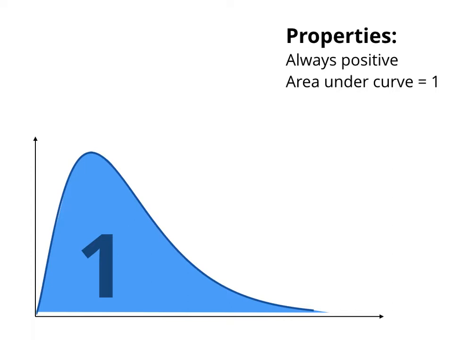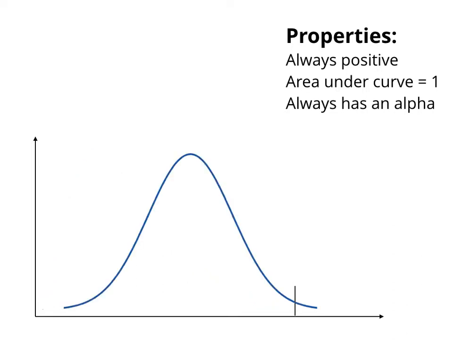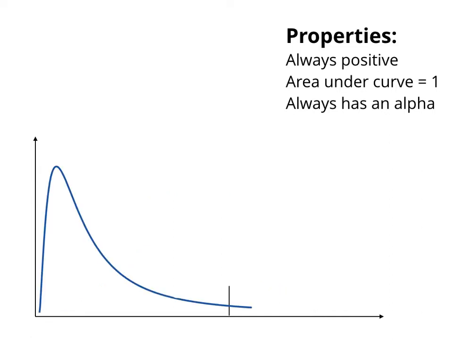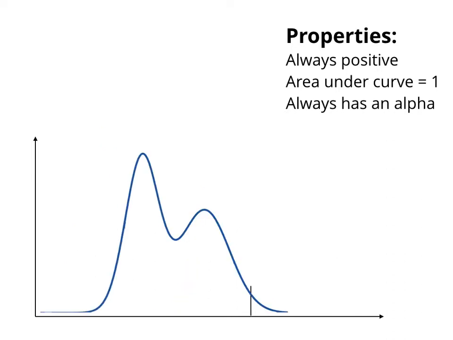A third property is that all probability distributions have an alpha. That is, you can split up the distribution into 95%, 5%, 90%, 10%, whatever you want. So we see that with a normal distribution, we see that with an F distribution, you can have an alpha with a bimodal distribution, you can have an alpha with any kind of distribution, right?